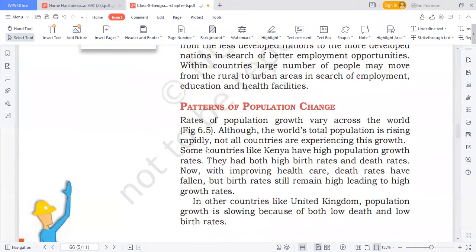Dynamic in the sense that it is changeable, not static. It regularly changes. As we learned, population change is influenced by birth rate, death rate, and migration.